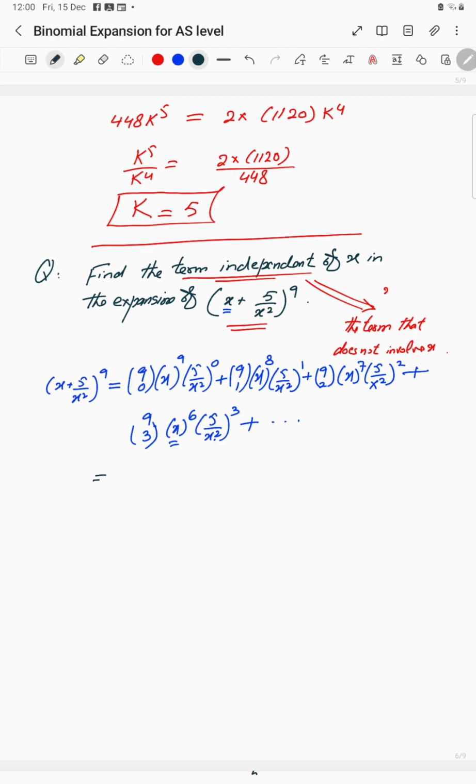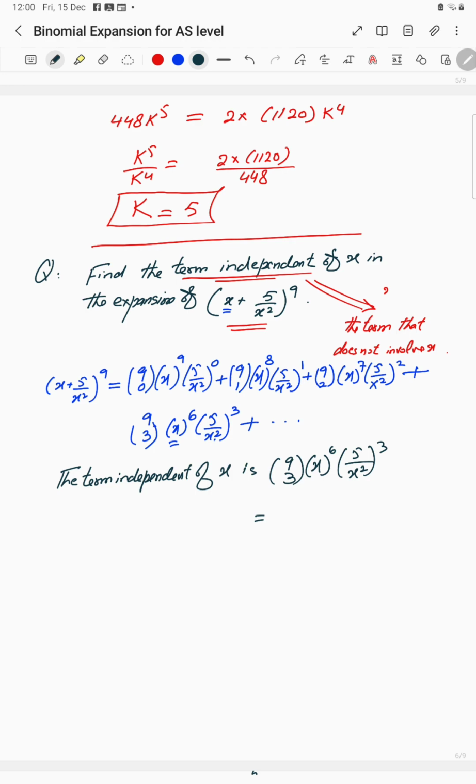So here I can write the term independent of x is what? 9C3 x⁶, 5 by x² power 3. We will see 9C3 is what?